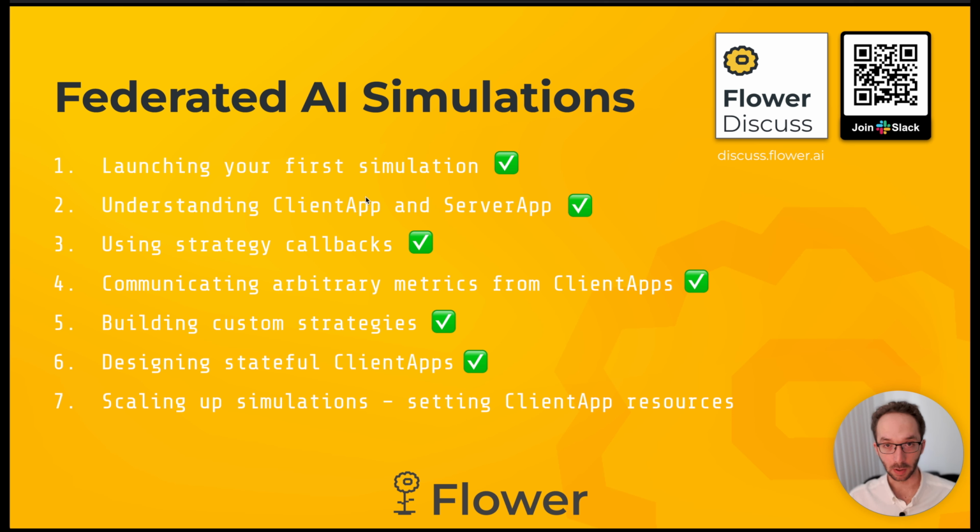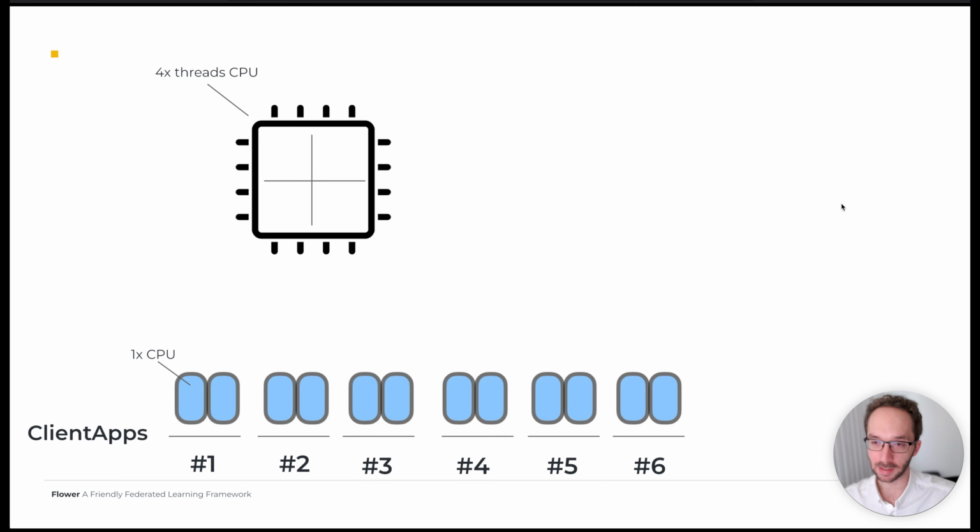Before we jump into the code, let me walk you through some high-level ideas on how the simulations work, so that the tiny changes we will make only in the pyproject.toml make total sense to you. So for that, let's think of the following setting. We have our machine, which here I'm representing as a 4-thread CPU.